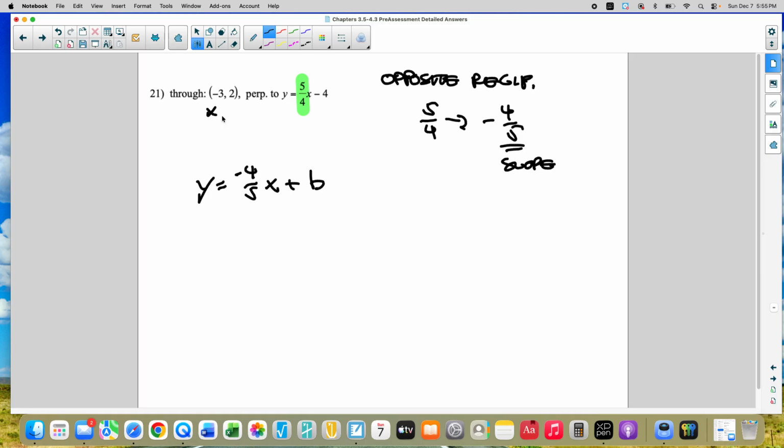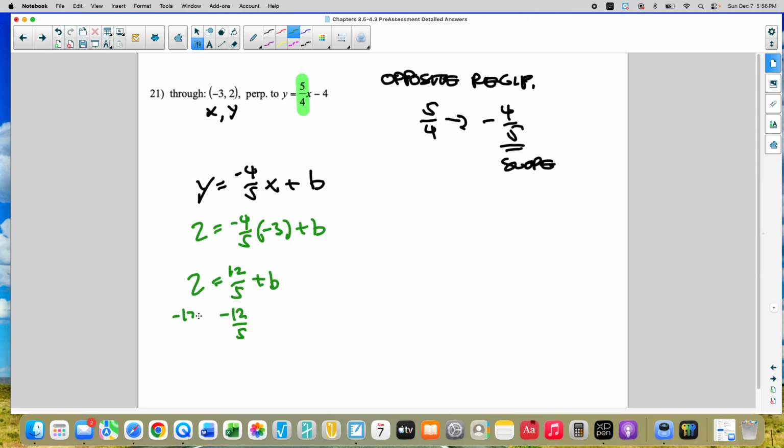I do know what my x and y is, so I can plug that in temporarily. I'm going to put 2 in for y, -4/5, I'm going to put -3 in for x, and I'm going to solve for b. So that gives me 2 equals 12/5 plus b. Let's subtract 12/5.